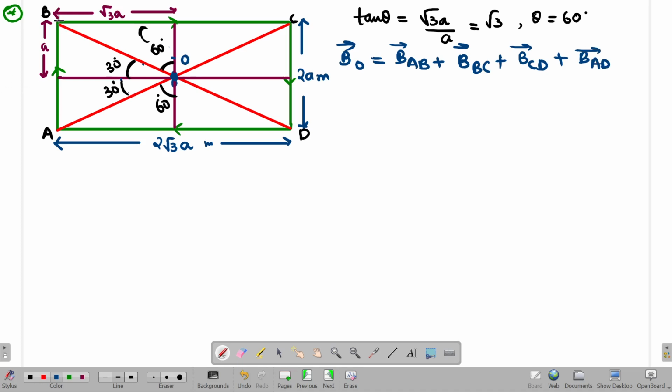Now look over here. Current is going upwards, and this point is on the right hand side. So if I put my fingers like this way and curl my fingers, it will come inside, isn't it?